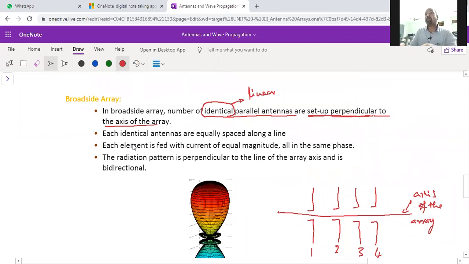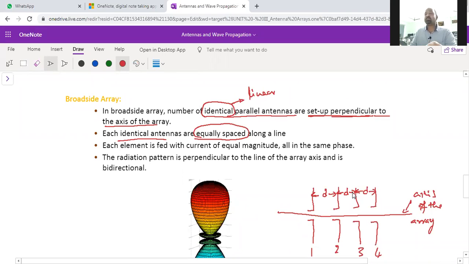And the second point: identical antennas are equally spaced. That means the spacing between these two is d, between these two is d, and between these two is d. Equal spacing.